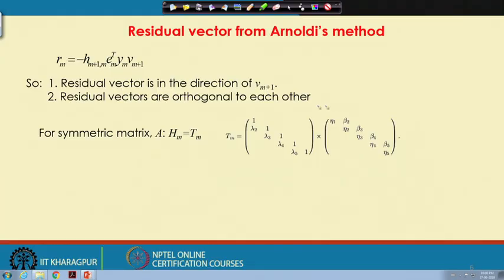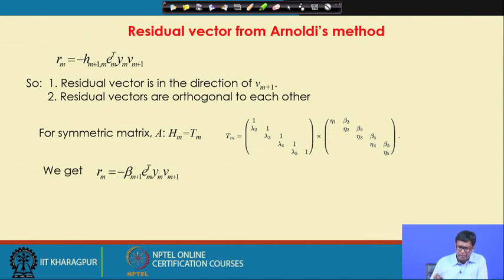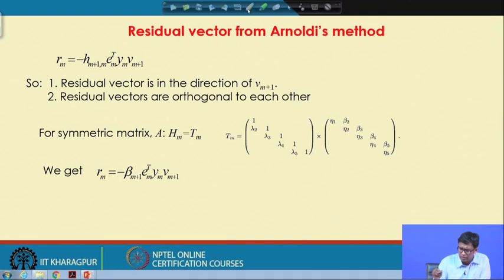If A is symmetric, H m is also symmetric, so only the subdiagonal and superdiagonal exist and it becomes a tridiagonal matrix, and we can express this tridiagonal matrix as a product of two bidiagonal matrices. One is a lower triangular form, another is an upper triangular form. And if we use this form, these betas come in terms of the H here.